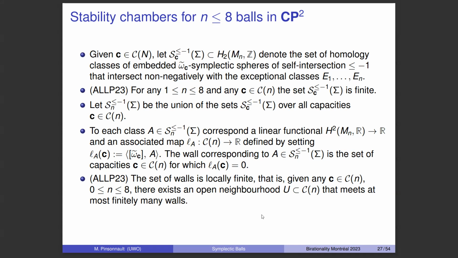If you assume that J remains compatible with your form, all these things must be symplectic, so they cannot have negative area. So eventually, the only obstruction for inclusions like this comes from specific negative curves whose area decreases along all the possible inflations that would bring C to C prime. So eventually you are forced to make some symplectic curve negative, which is not possible. So this shows that this cannot be realized.